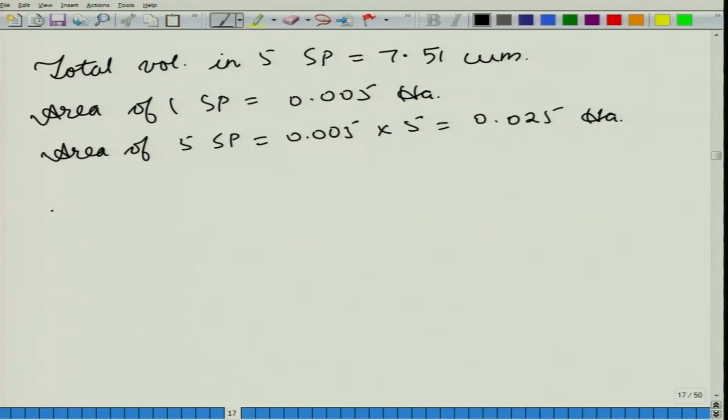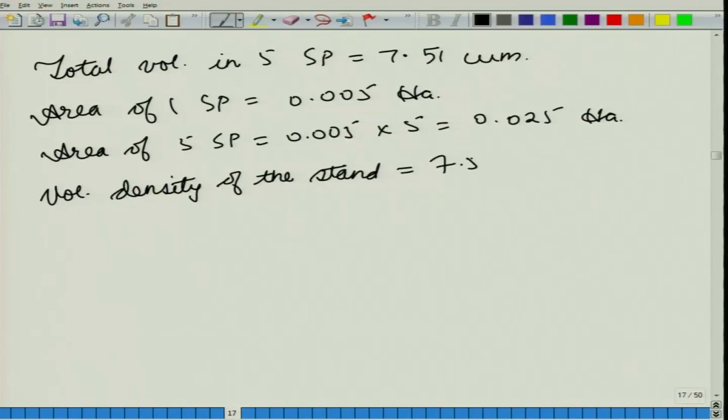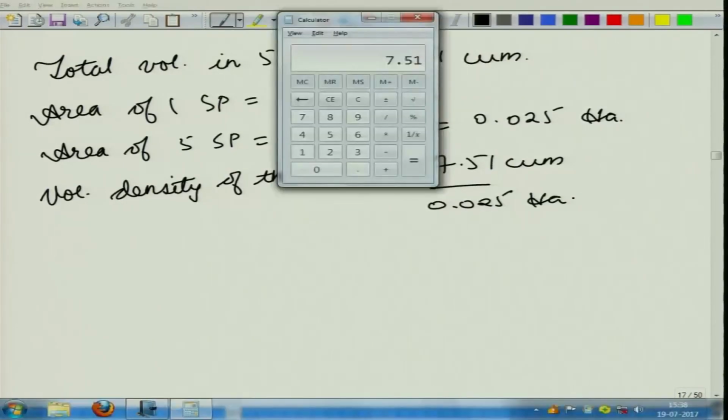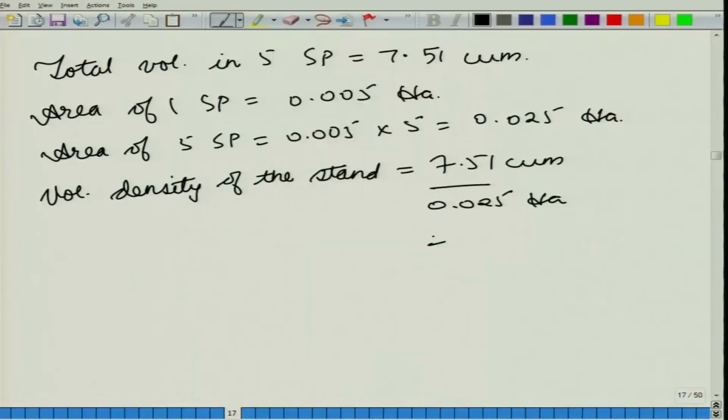If we wanted to find out the volume density of the stand, it will be 7.51 cubic meter by 0.025 hectares. So, 7.51 divided by 0.025 is 300.4 cubic meter per hectare.